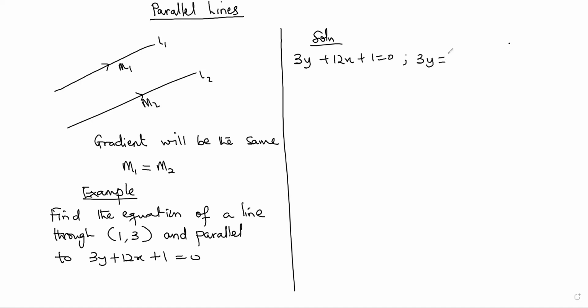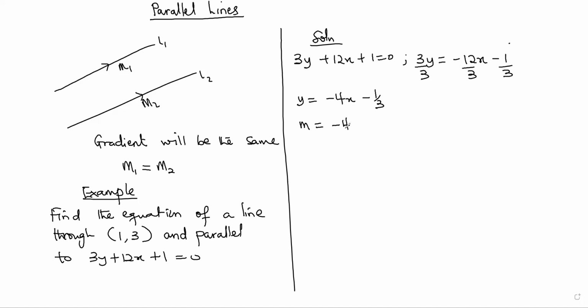So 3y will be equal to negative 12x minus 1. We divide through by 3, and we'll be having y equal to negative 4x minus 1 on 3. So the gradient is the number attached to x, or the coefficient of x, after making y the subject. So the gradient is minus 4.